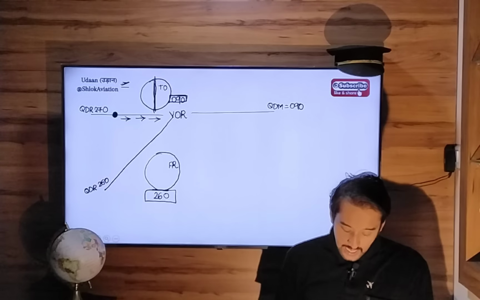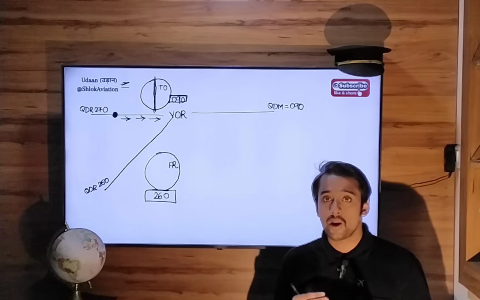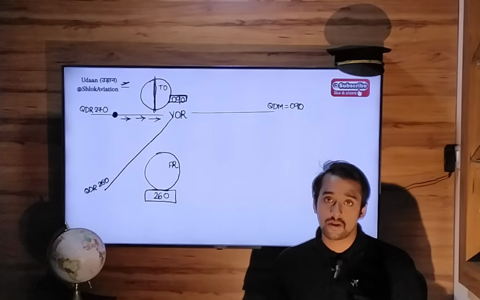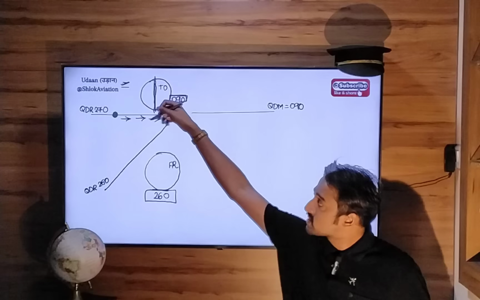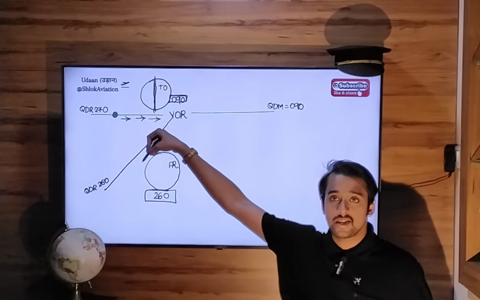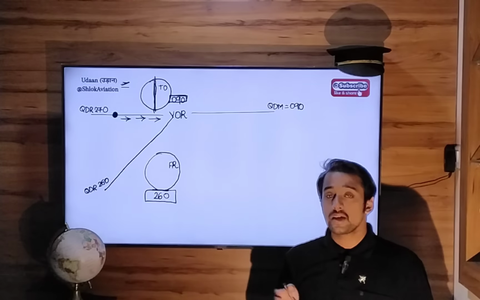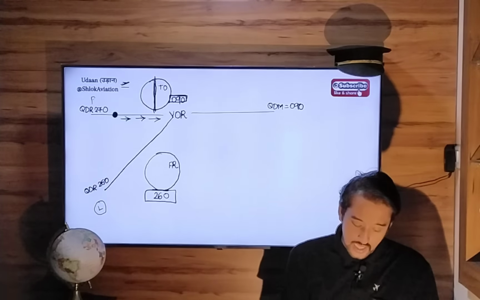Next, the CDI indication. Now the CDI indication will work according to the input you have given, like we have just seen in the previous example which I explained. So 260 is to the left hand side of 270, because going outbound, this will be your left hand side, and this will be your right hand side.